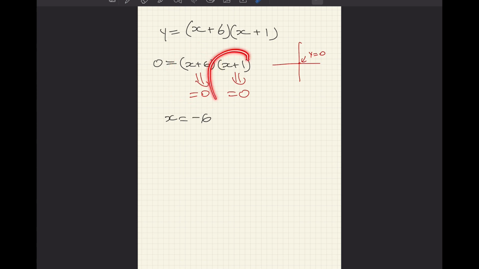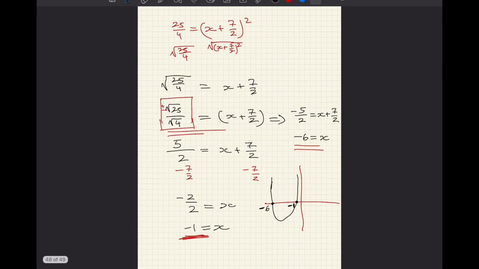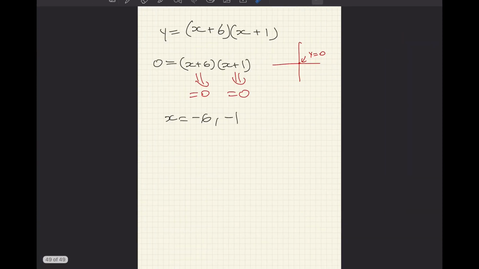The same happens for this side. So −1 plus 1 is going to equal 0. So our two values are going to be −1 and −6. Now, these are exactly the same values we got by using the turning point form. So both are equally valid.